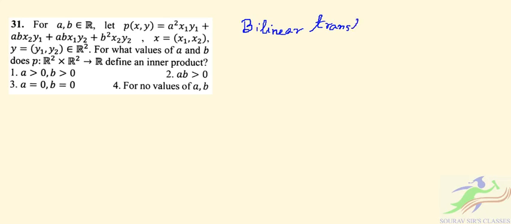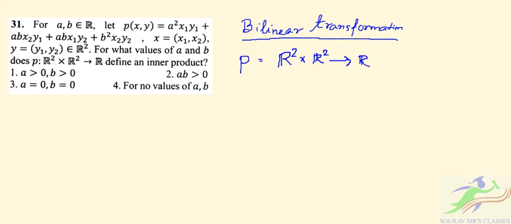So we map from R2 cross R2 to the real space, and we have to determine whether this defines an inner product, and in that case what the values of a and b are.